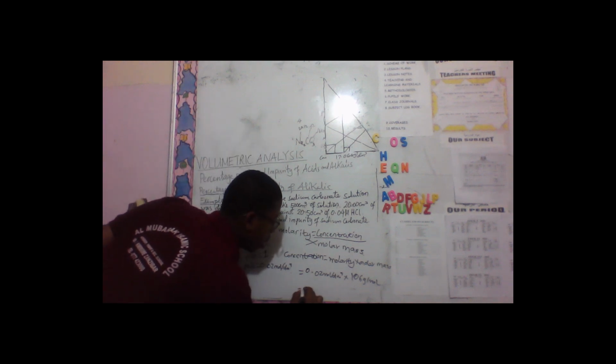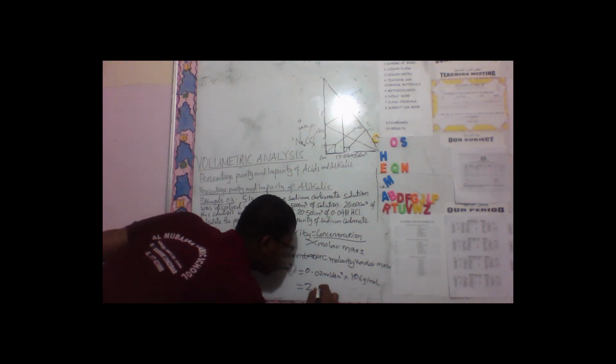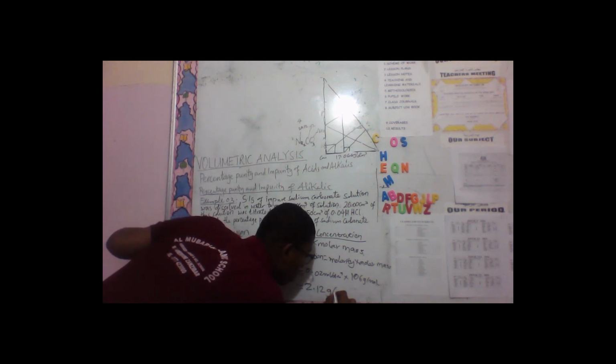What is our answer here? Yes, 2.12, and our SI unit will be gram per decimeter cubed. So this is the concentration of pure substance.